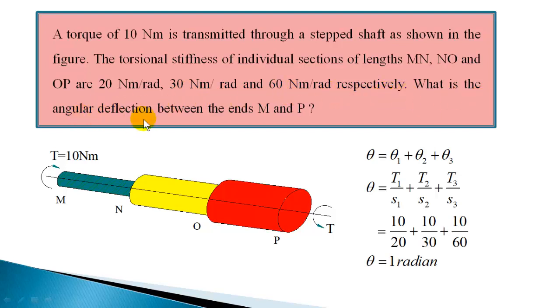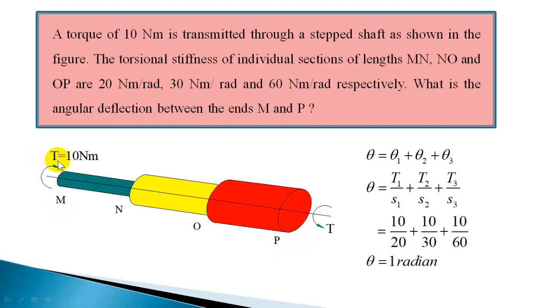What is the angular deflection between the ends M and P? So it's a stepped shaft, one end is M, the other end is P. So you have to find out the angular deflection between the ends M and P. So what is the angular twist undergone by P with respect to M?